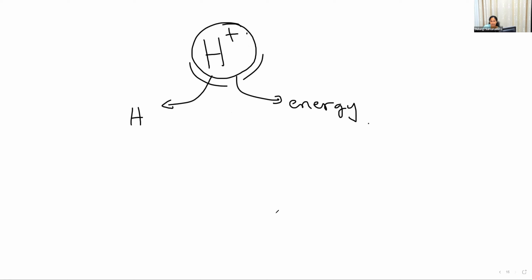Just assume like this. So we are dealing with high energy protons. I'm going to separate out the energy component from the high energy proton. If I separate the energy, I will be left with normal hydrogen. Just write it down like this.